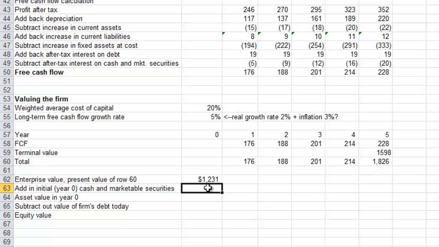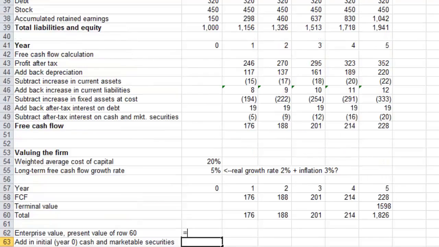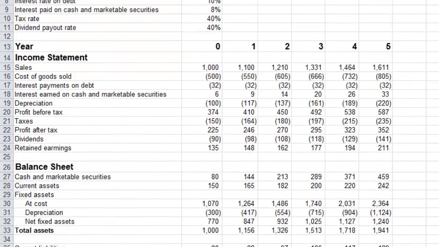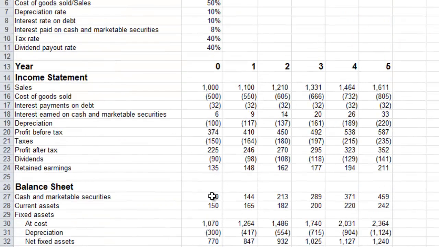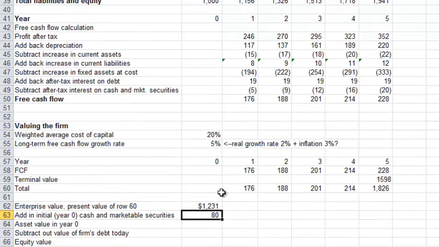1231. You need to add to that the initial value of the cash and marketable securities that we started with in our initial balance sheet of 80, and so that gives us our initial asset value in year 0, 1311.